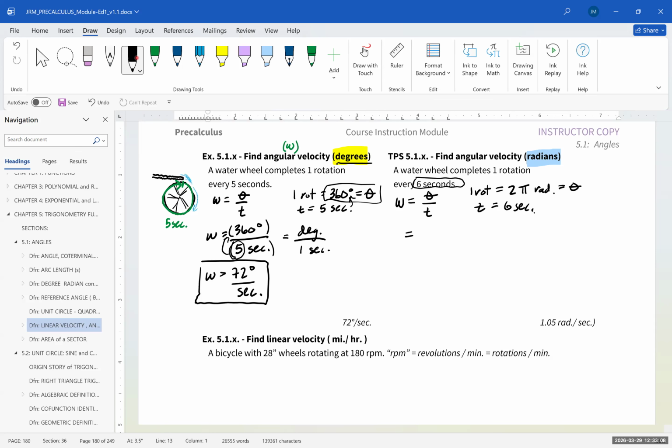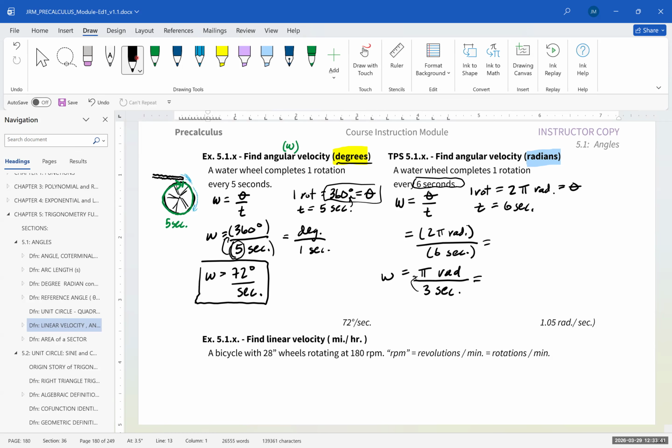So now we can just substitute 2 pi radians and 6 seconds. And we could simplify that as pi radians per 3 seconds. Okay, that wouldn't be too bad to leave it in, but if we wanted to have radians per second, we would divide 3 into pi.